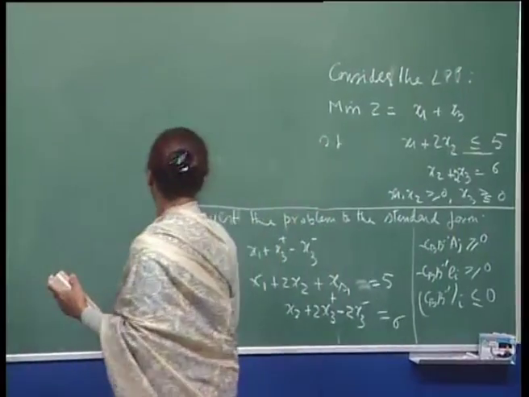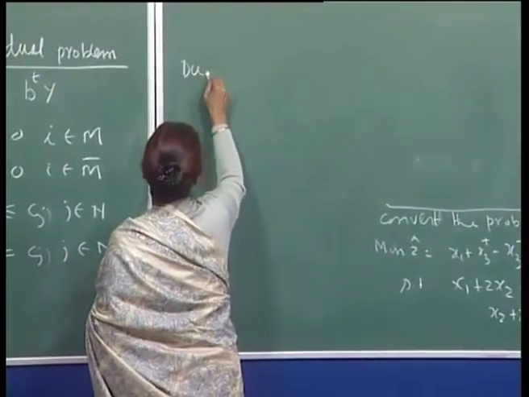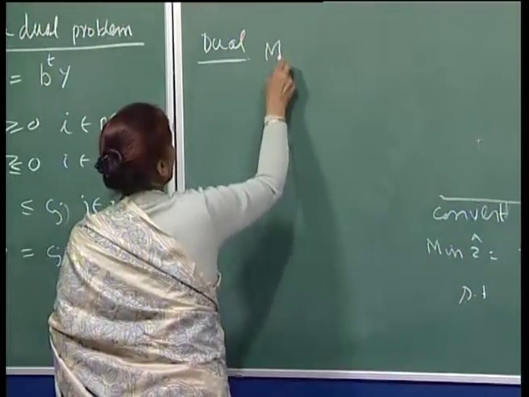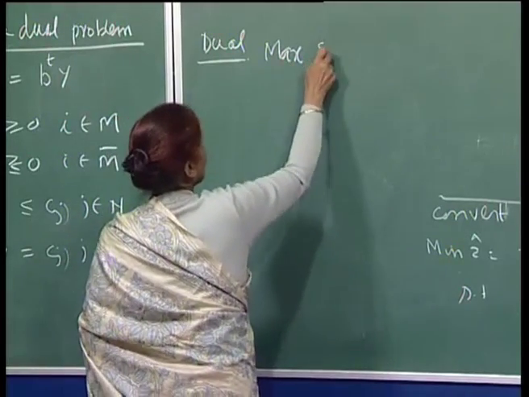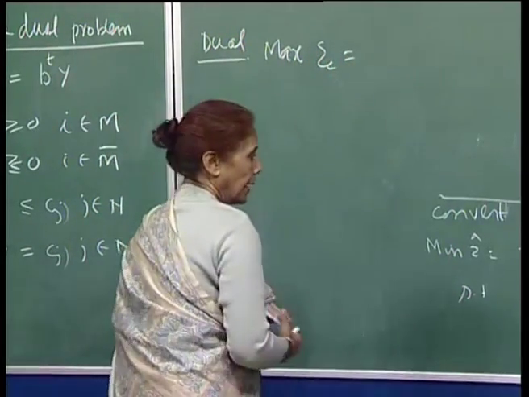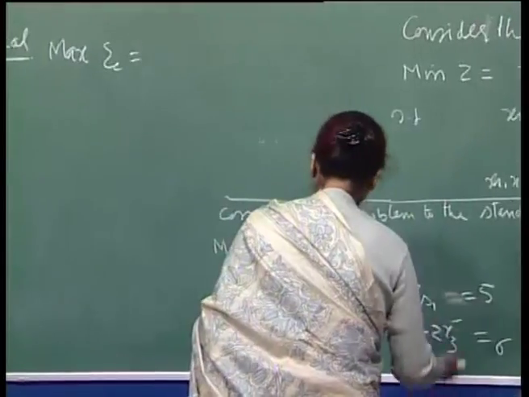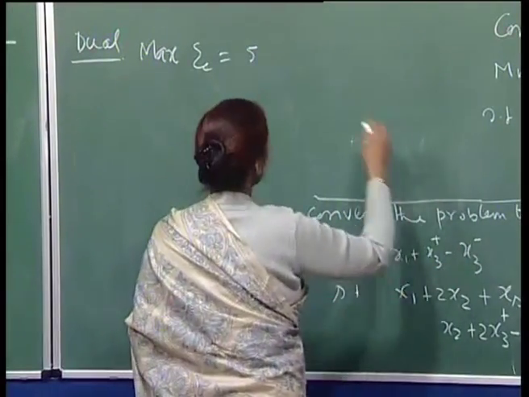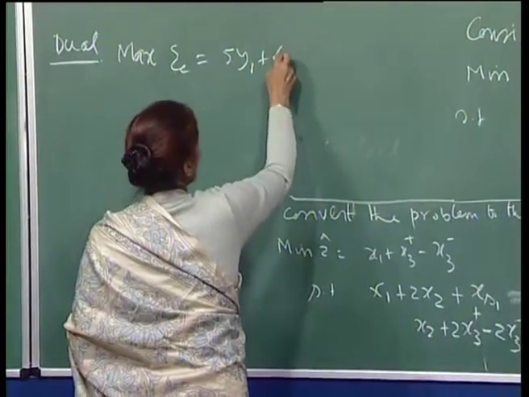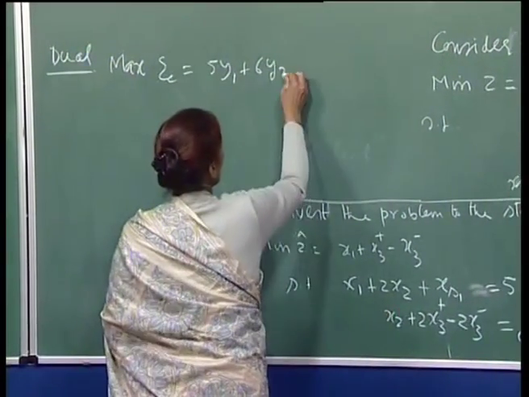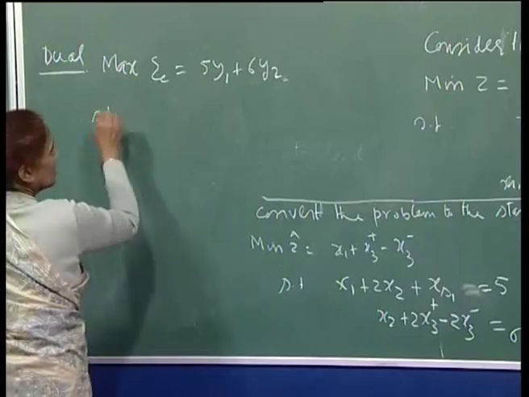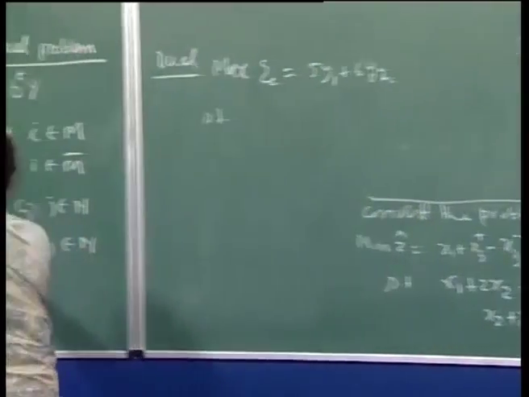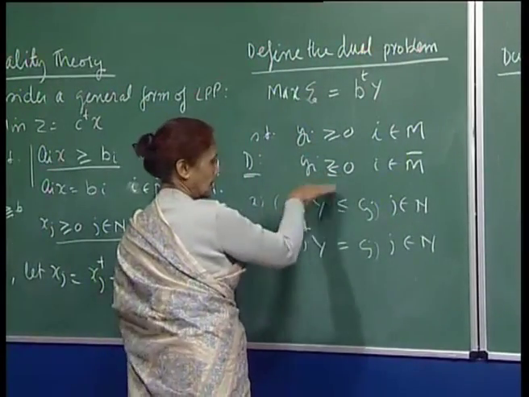So, in that case, now you can write the dual quickly. This will be maximize psi equal to, okay, I'll write it and then I want you to sit down. The right hand side becomes 5y1 plus 6y2, subject to, remember the columns become the rows transpose.